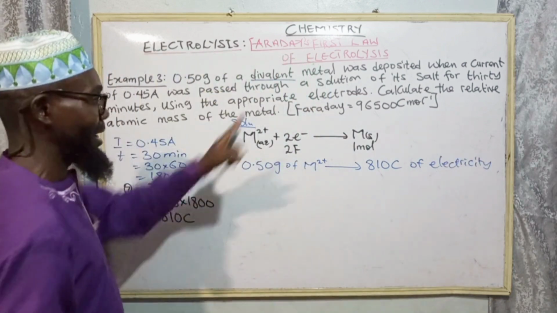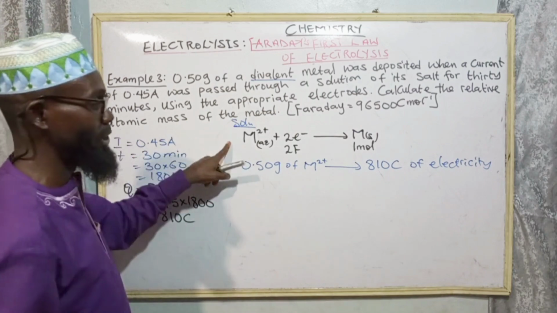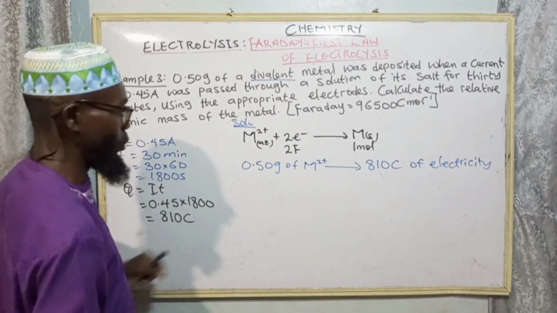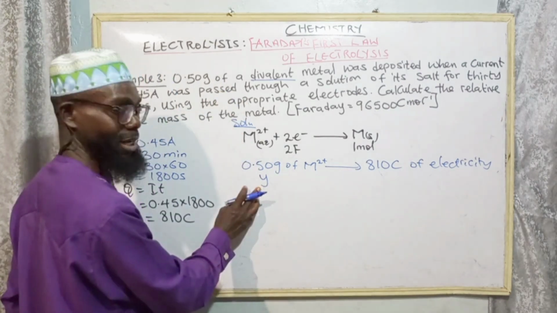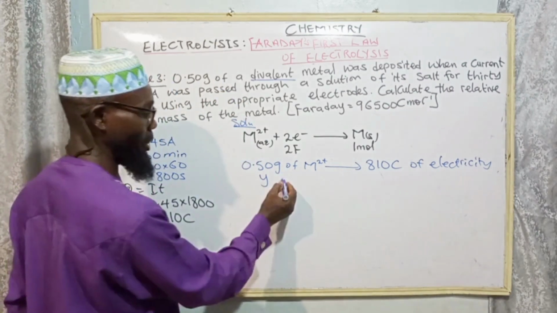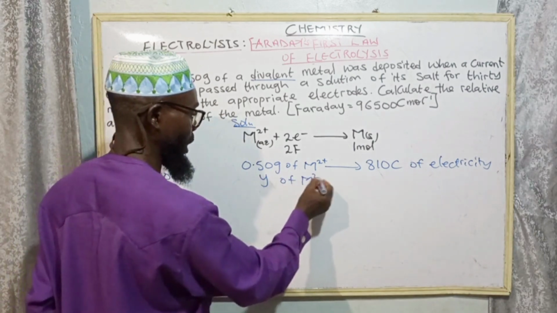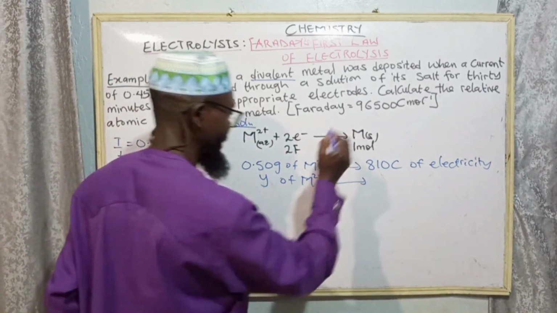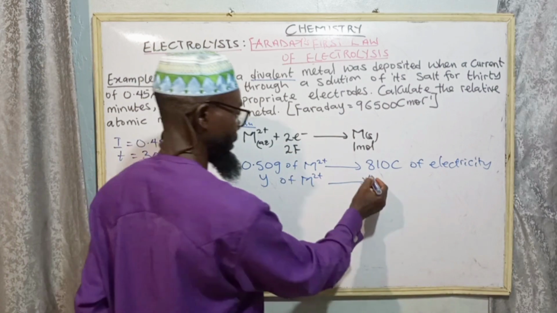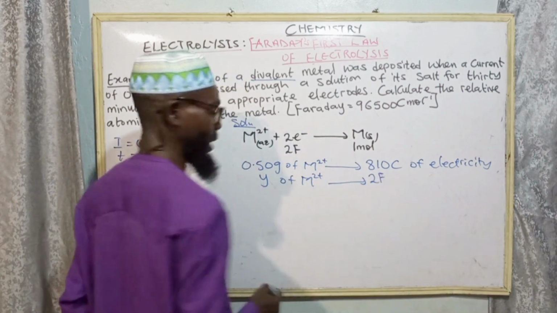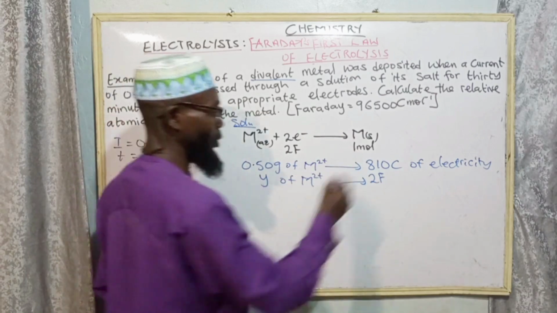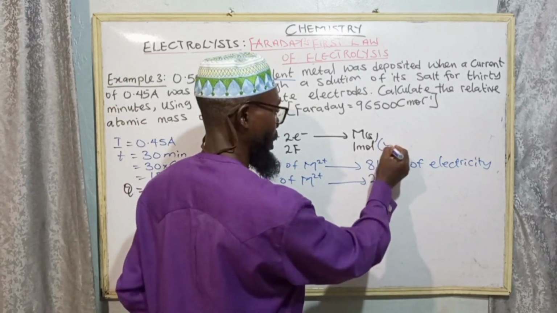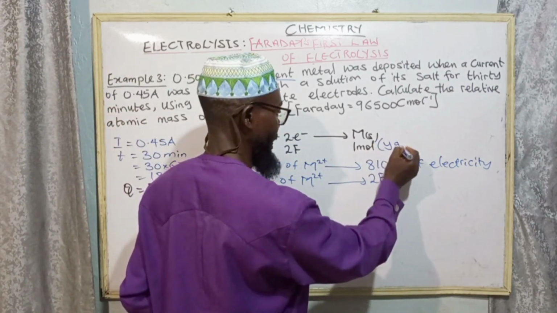Are we there? Now calculate the relative atomic mass of the metal. So which means that what is this mass? How much mass of M2+ do we deposit with 2 Faradays? Don't forget 2 Faradays gives our 1 mole, and 1 mole is equal to unknown mass in grams.